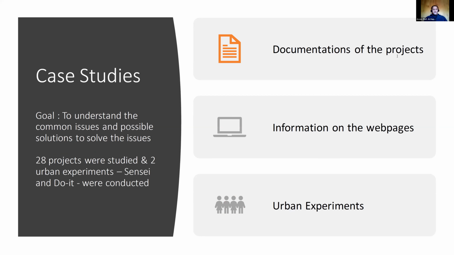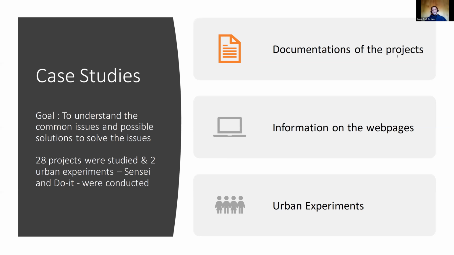In general, when we went through different case studies, 28 projects were studied at that time, and we did two urban experiments, which are ours. One of those is this Sensei, which I previously mentioned, and then we had a DOE project, which was run by my colleague professor.